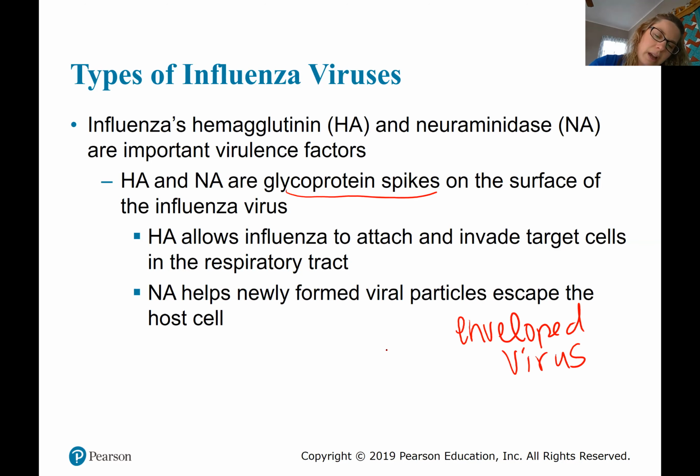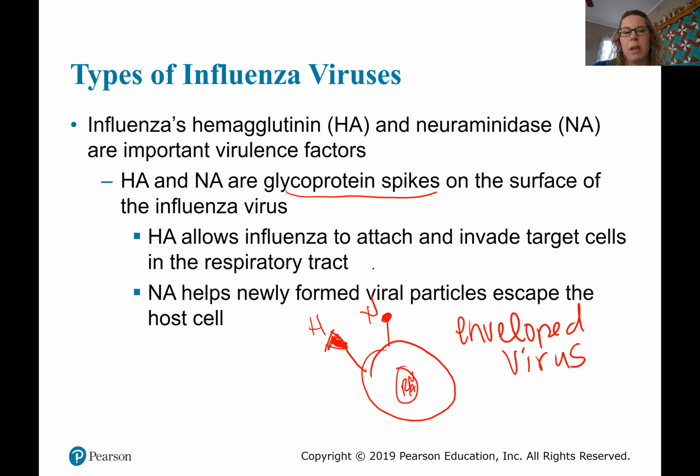And on the outside of that phospholipid bilayer, with its RNA inside of the capsid, they have spikes. And there are 2 forms of spikes. There's the H spike and the N spike. H and N stand for hemagglutinin and neuraminidase. And hemagglutinin, or the H, allows for attachment and invasion of target cells.